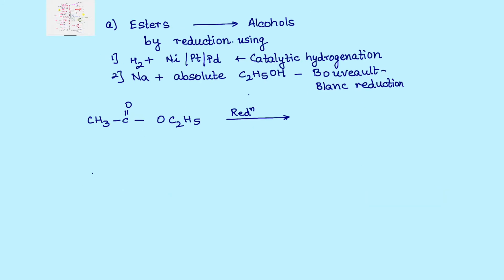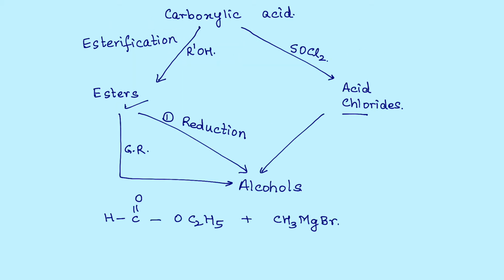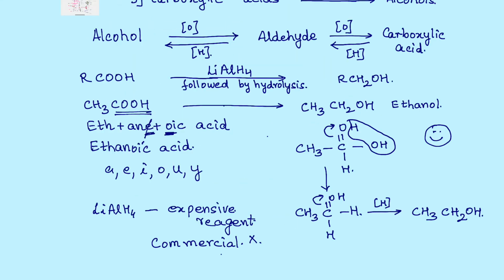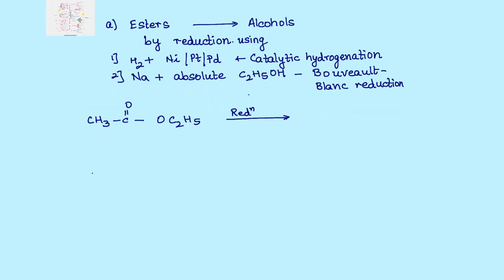Esters can also be converted to alcohols by reduction. What are the reducing agents that we can use? Now we saw that in the case of carboxylic acids, that reduction was turning out to be a little expensive, right? So we converted it into esters because we can use a normal reducing agent. So you have hydrogen in the presence of catalysts like nickel, platinum, palladium, your d-block metals, in which case it is known as catalytic hydrogenation.